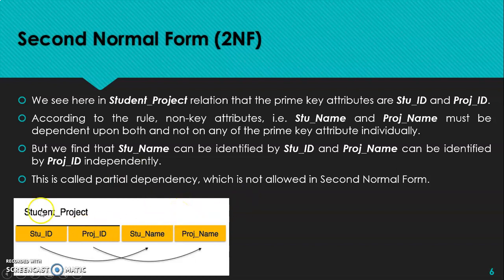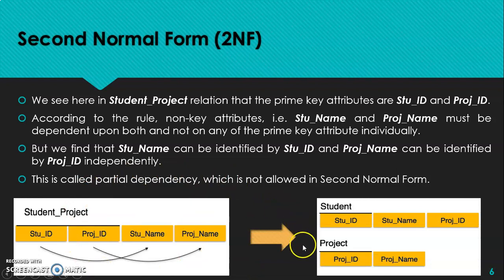To convert this relation into 2NF, we will have a result like this. We have to divide this table, or this relation, into two different relations. One will be student, in which student ID is the primary key. Student name is dependent on student ID, and project ID is also dependent upon student ID. So both these non-prime attributes are dependent upon student ID.